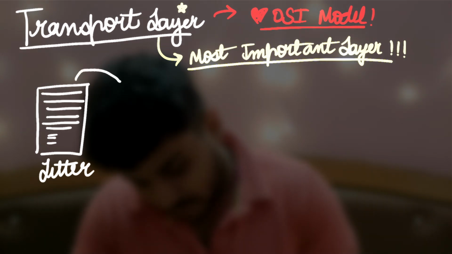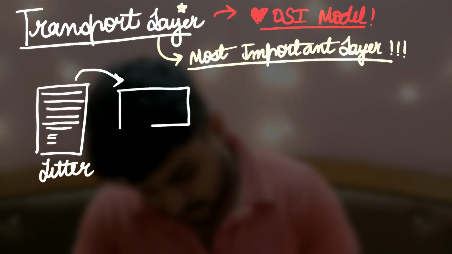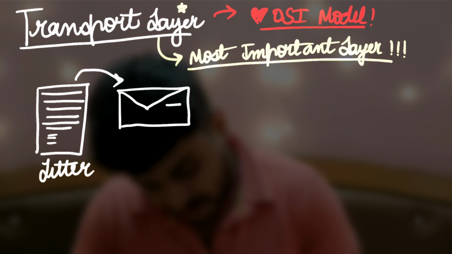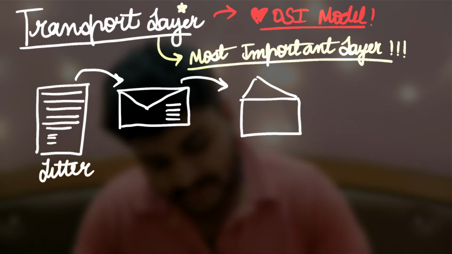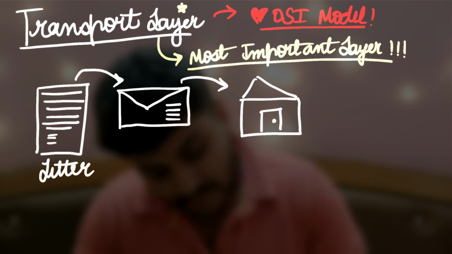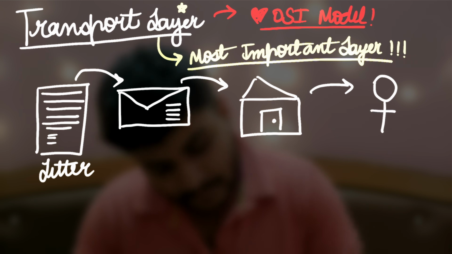You're going to put that letter into an envelope, mention all the necessary details, and then drop it off at the post office. The post office takes care of the rest. They are going to make sure that the letter is delivered safely and in order, delivered to your friend.